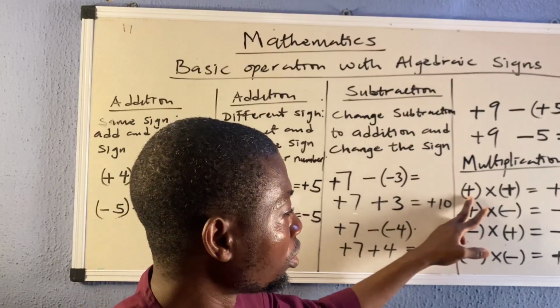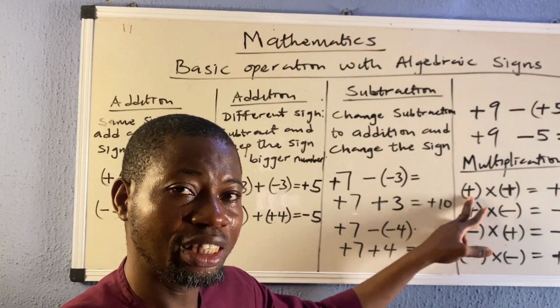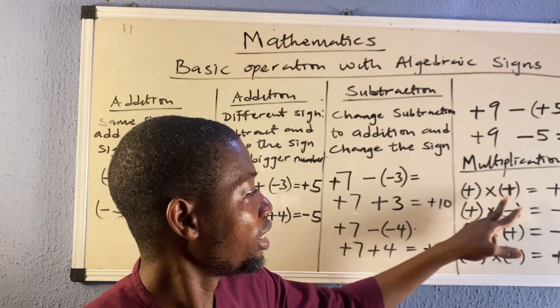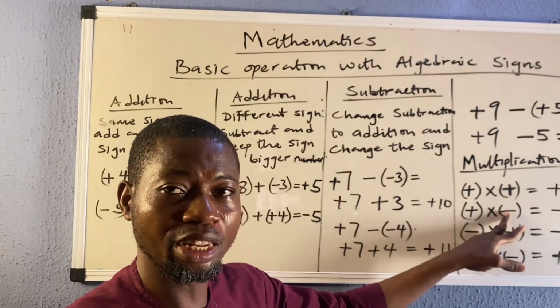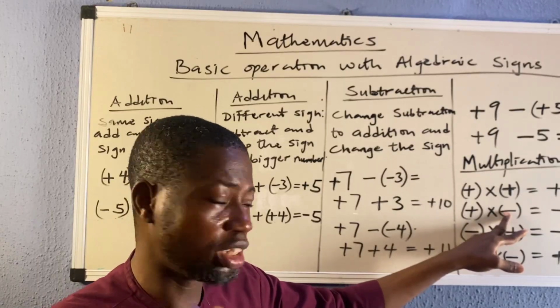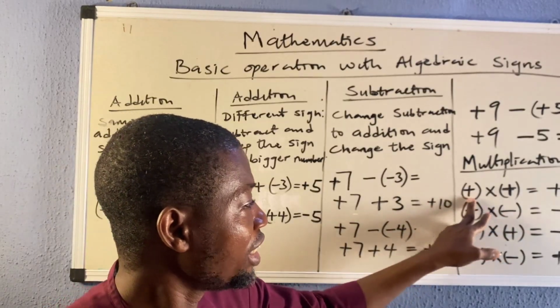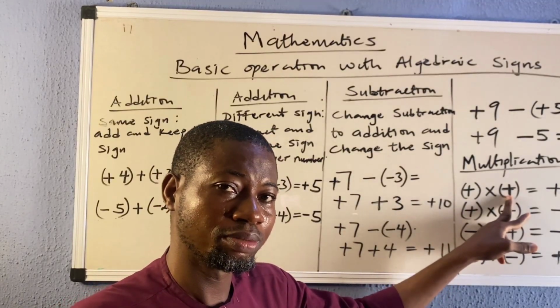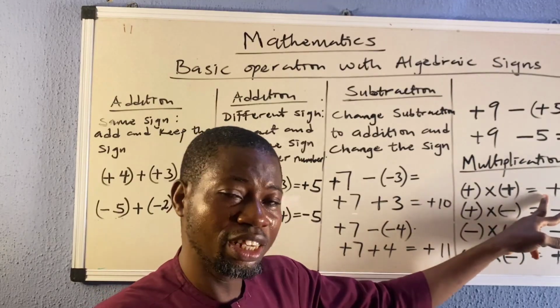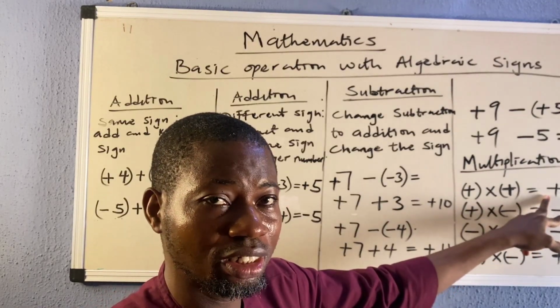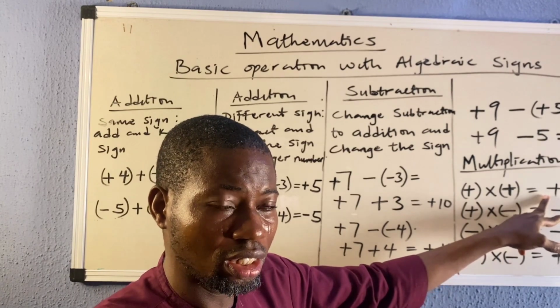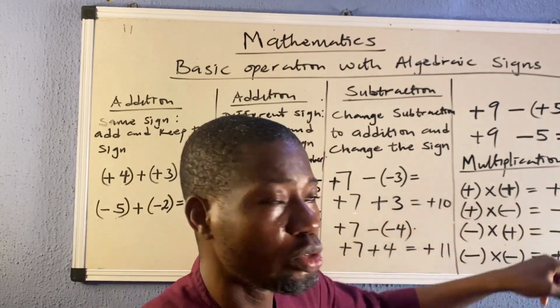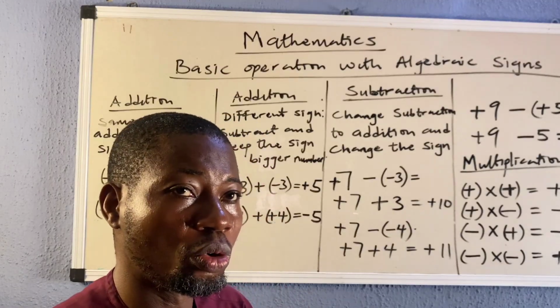Now, plus is represented with friend, while minus is enemy. So now let's reason together. The friend of your friend, is he your friend or your enemy? Definitely, the friend of your friend is your friend, because you have the same common goal.